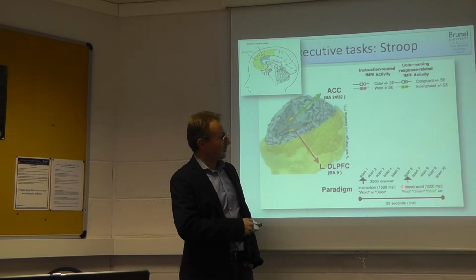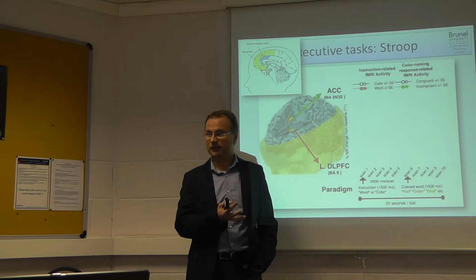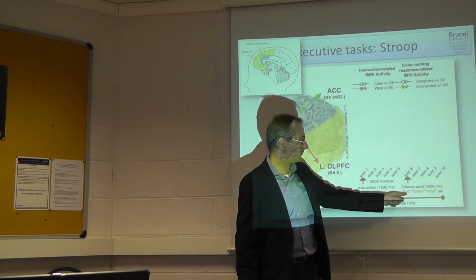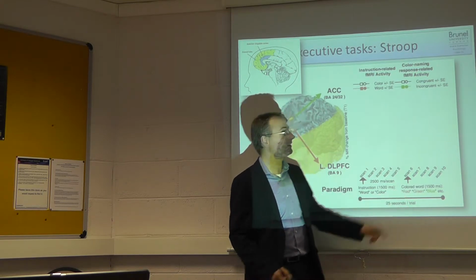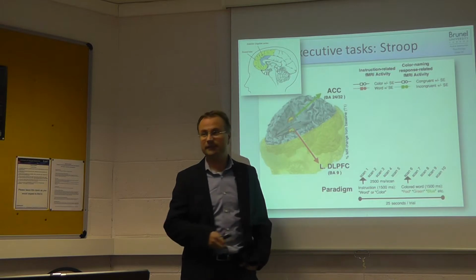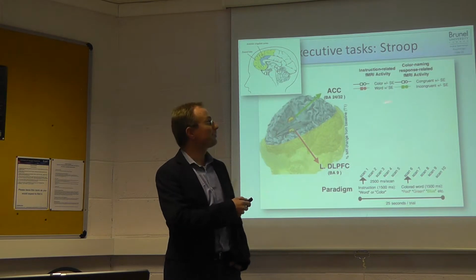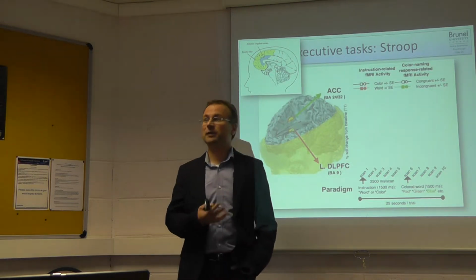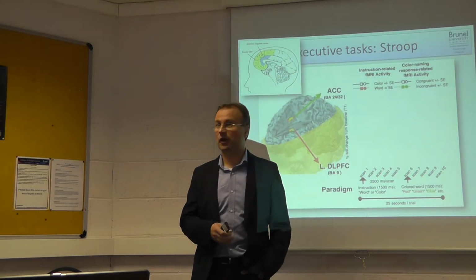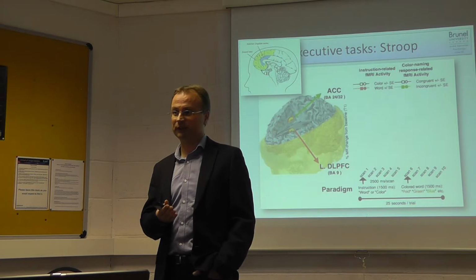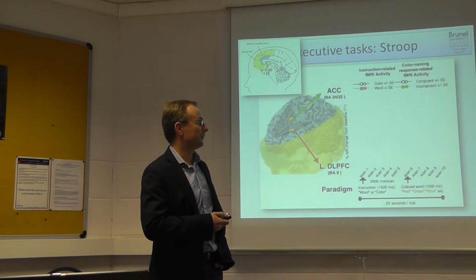And then they looked at, when we present the word, what's the difference between congruent, that's the easy task, and the incongruent case, this is a hard task. So here we have actual response conflict, and here we have a difference in what we expect. And when we know the color task is coming up, then we know, okay, now a task is coming which is difficult, which may potentially lead to an erroneous answer.